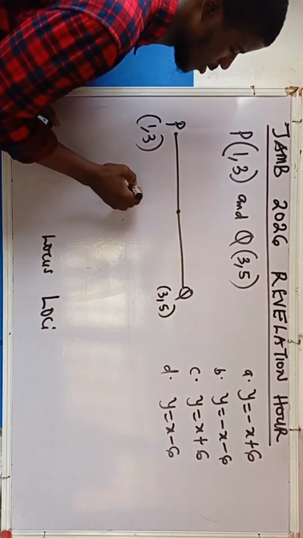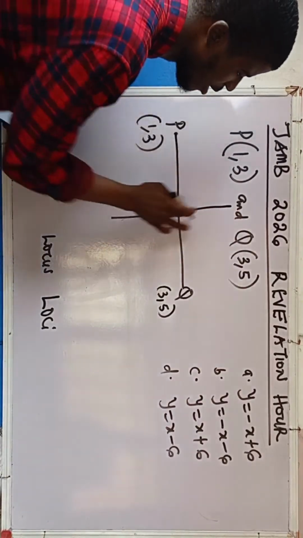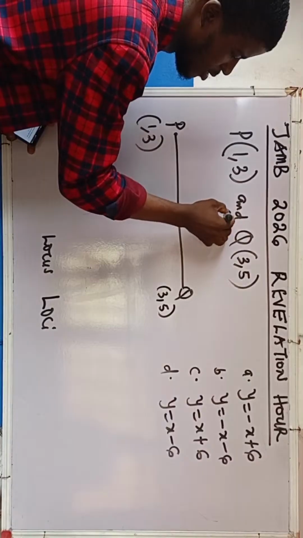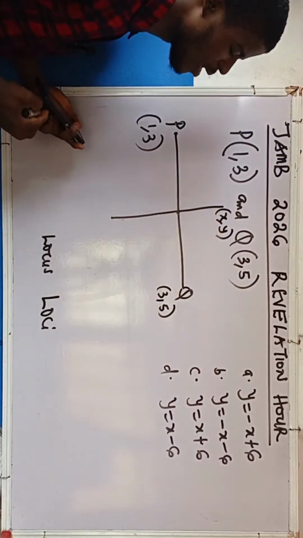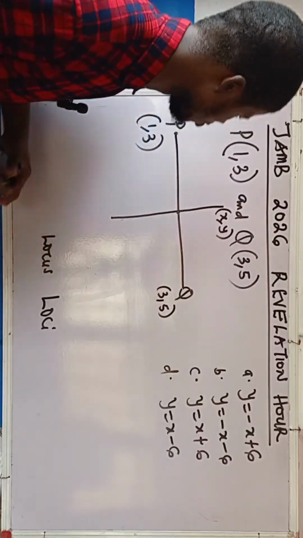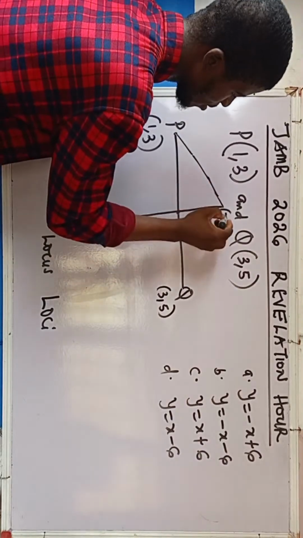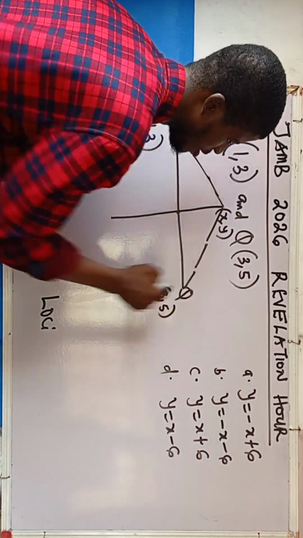Let's assume this is the point, x, y. The locus will be a perpendicular bisector of the line. When we are determining the equation of a locus equidistant from 2 fixed points, we normally take the distance between these 2 points equal to the distance between these 2 points.